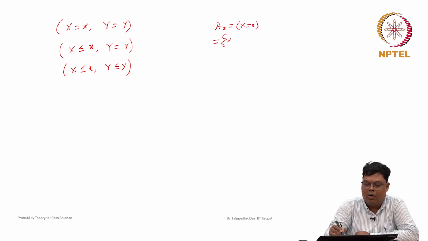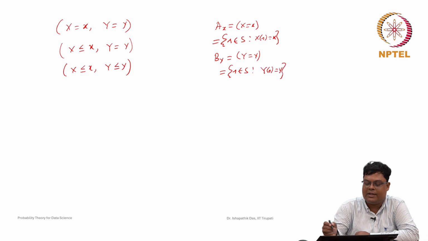How is it defined? All s belongs to S such that x of s is equal to x. And now By is another event, defined by y is equal to y, which is nothing but s belongs to S such that y of s is equal to small y, where small y is a real number.